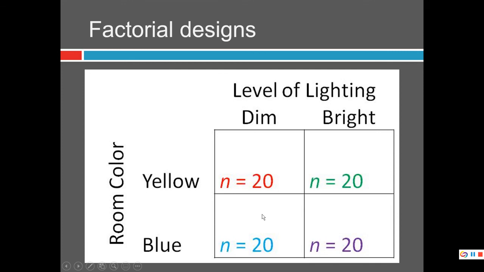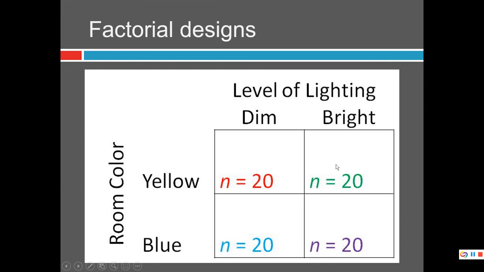If you had a completely between subjects design, then each of these cells would be completely mutually exclusive people. These 20 people are different from these 20 people, and they're all different from these 20 people, and all different from these 20 people. So you'd have 80 participants if this were completely between subjects. Or if one variable was between subjects and one variable was within subjects, then you'd have 40 people in this study.